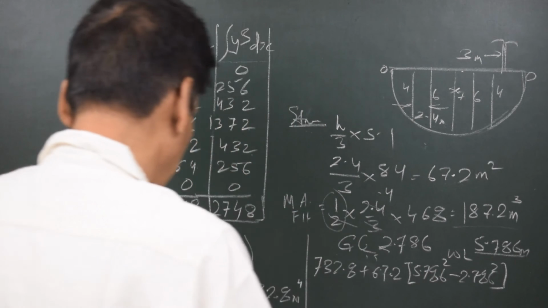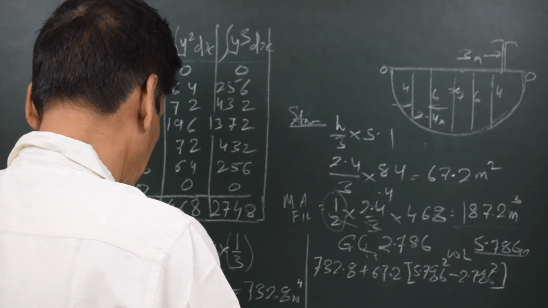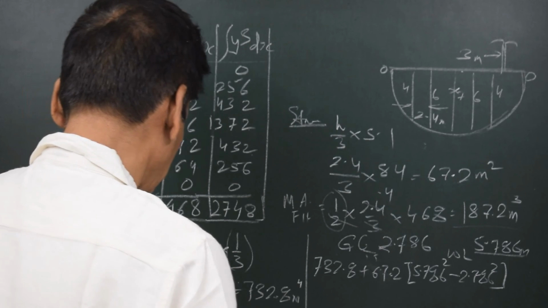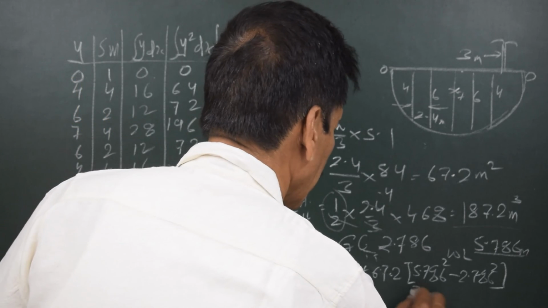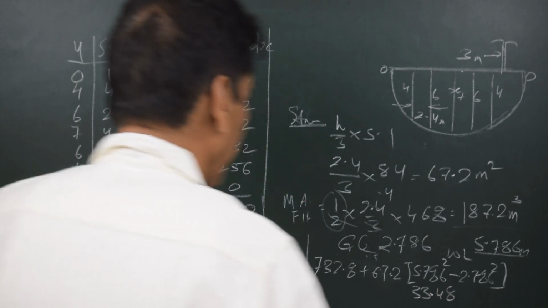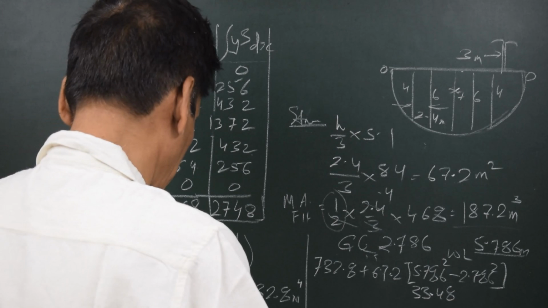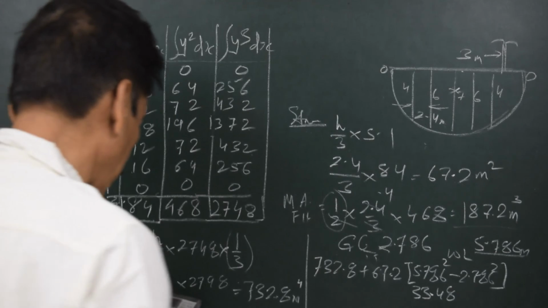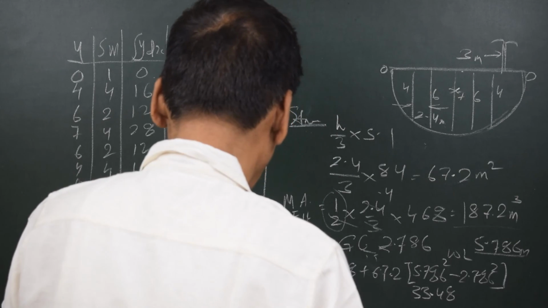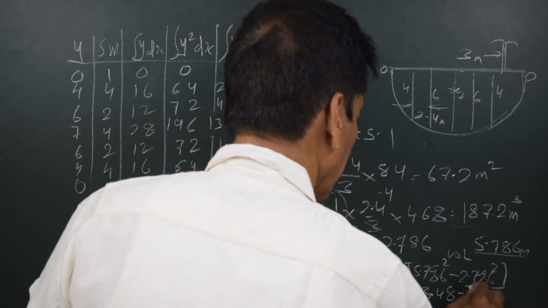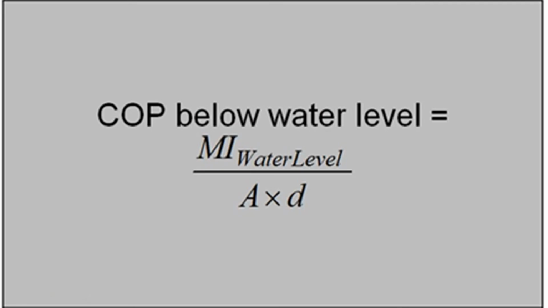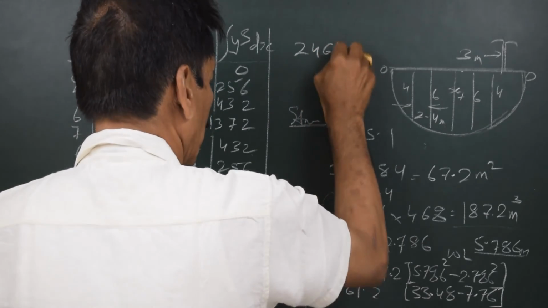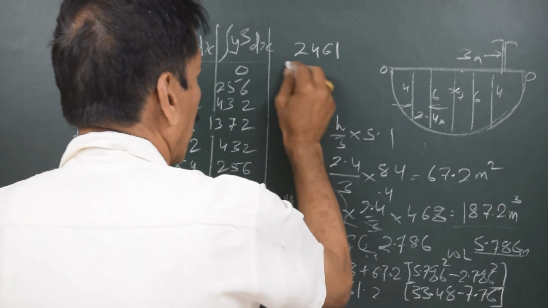If we simplify, 5.786 square is 33.48, and 2.786 square is about 7.76. The total comes to 2461, the moment of inertia about the water level.